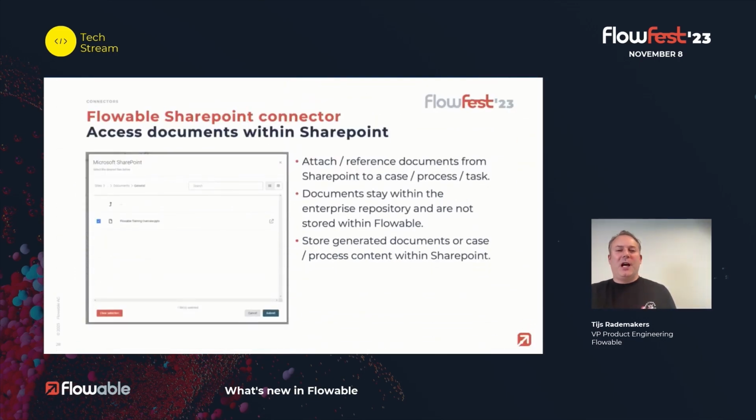Another example is the SharePoint integration. So there you can access documents within SharePoint. So in addition to what we already had with file attachments, where you could select a file and attach it to your task form, make it part of a case or process, you can now also select a file from SharePoint and then reference that from your case and process.